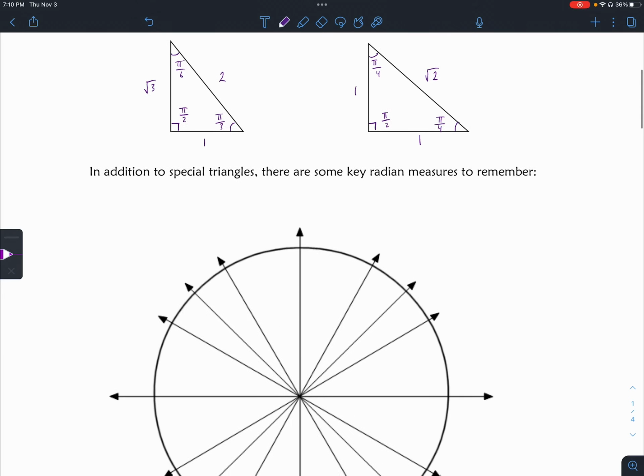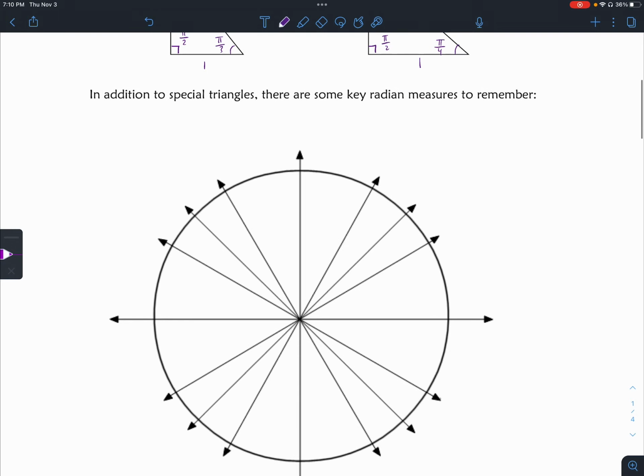In addition to special triangles, there are some key radian measures to remember. Starting with 0 radians or 0 degrees, and also 2 pi.